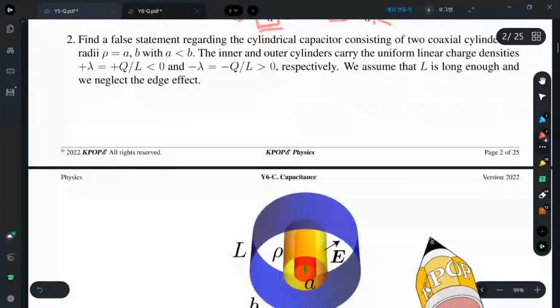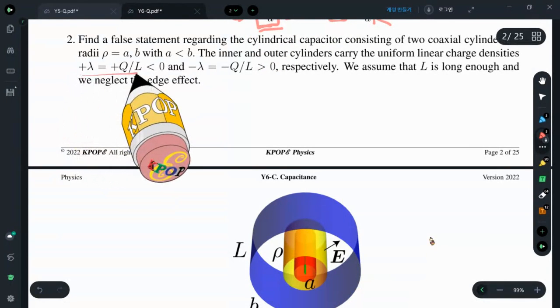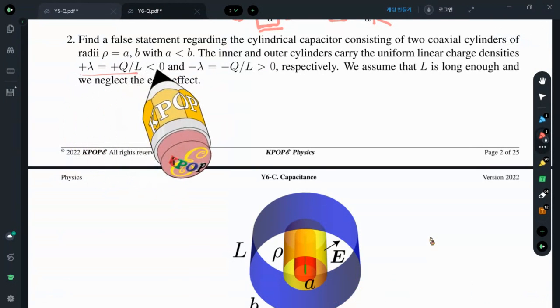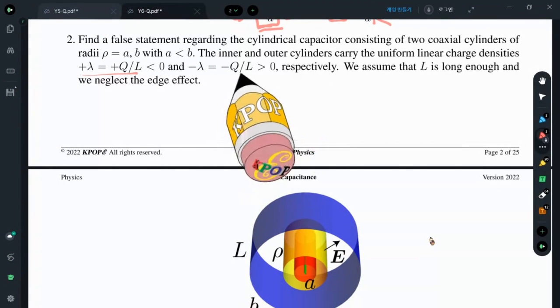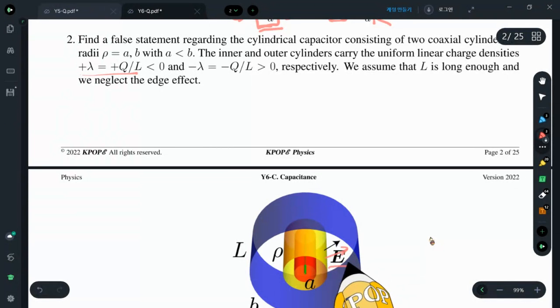Next, we have a coaxial cable. Inner radius is A and outer radius is B. Inside is positively charged, with charge over length here. This is the length. Inside is positive, outside is negative, so the electric field diverges from inside to outside.